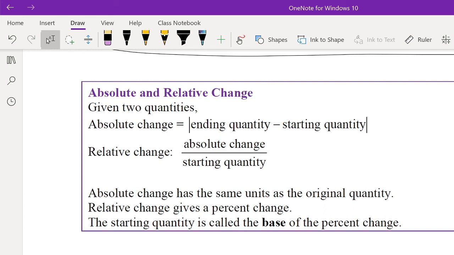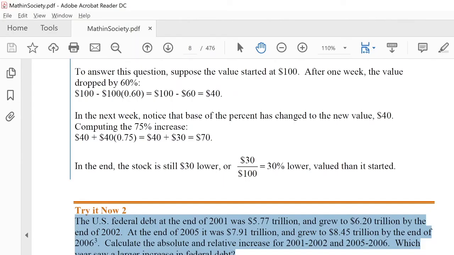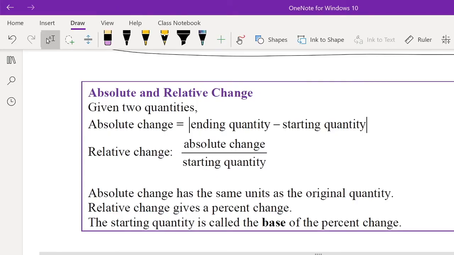At the end of 2005, it was 7.91 trillion and grew to 8.45 trillion by the end of 2006.